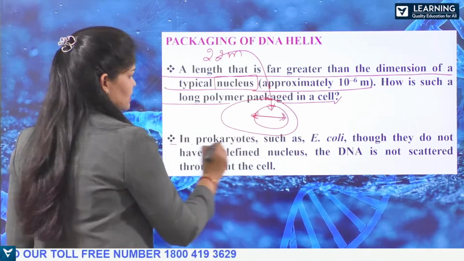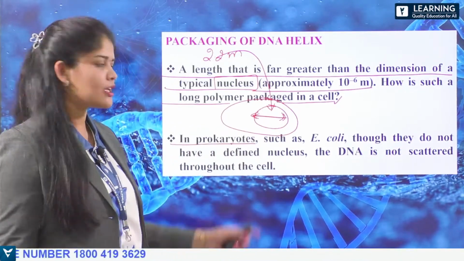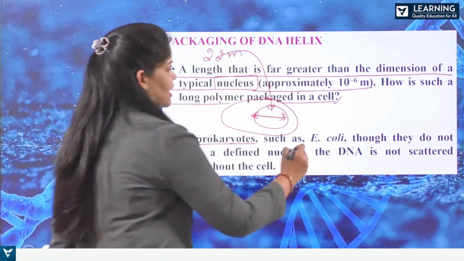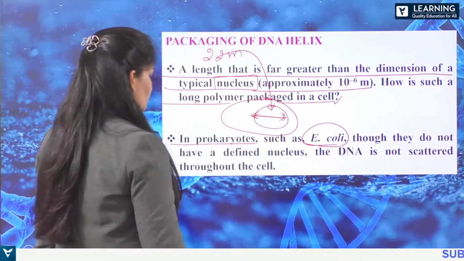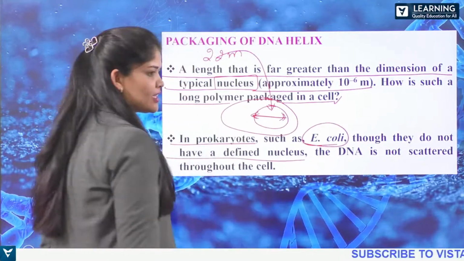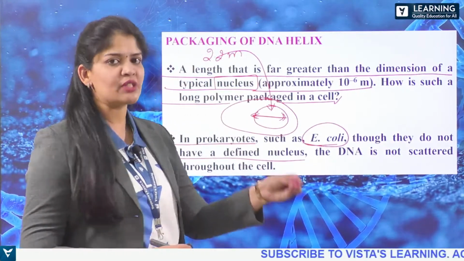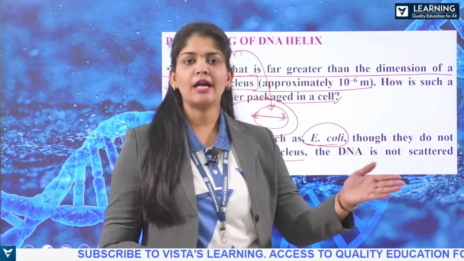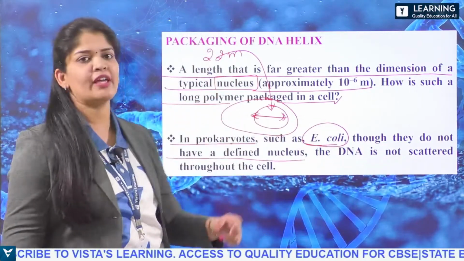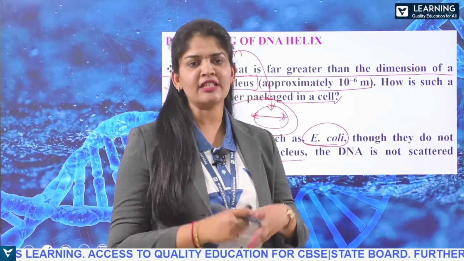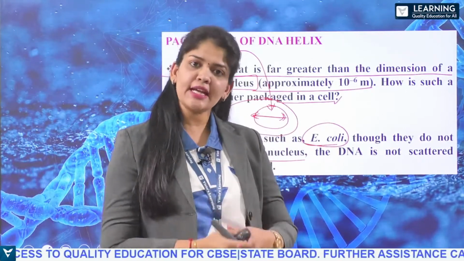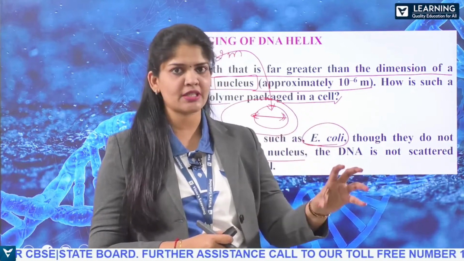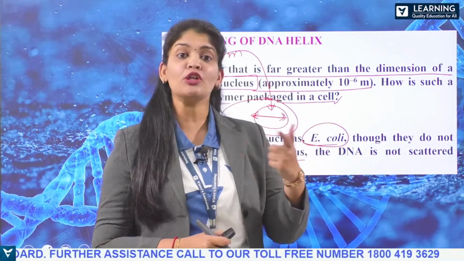In prokaryotes, which are the primitive cells, and eukaryotes, which are the advanced cells, such as Escherichia coli. Though they do not have a defined nucleus, we know that a true nucleus will be present, that means a well-developed nucleus will be present in the eukaryotic cells, and pro means primitive, where in this type of cells we don't find the well-developed nucleus. Instead, we find the place where the genetic material, that is DNA, is going to be present, that we consider as a nucleoid.